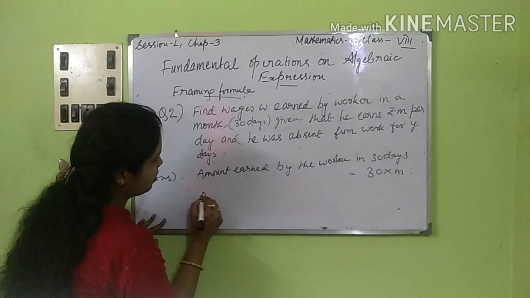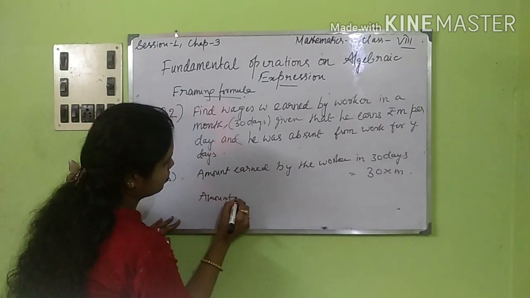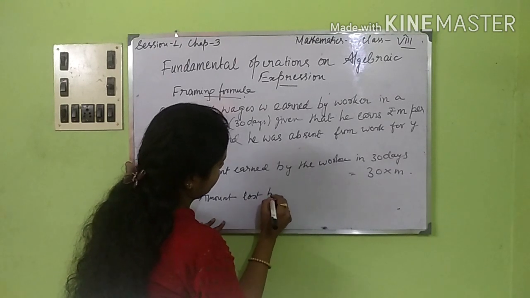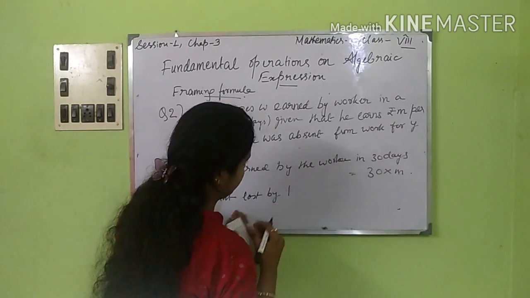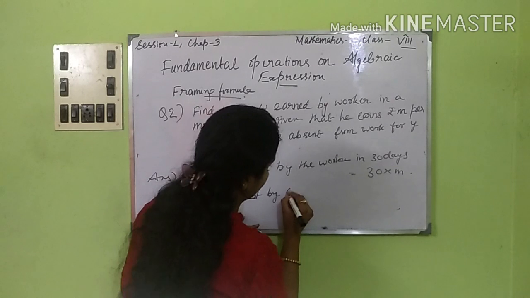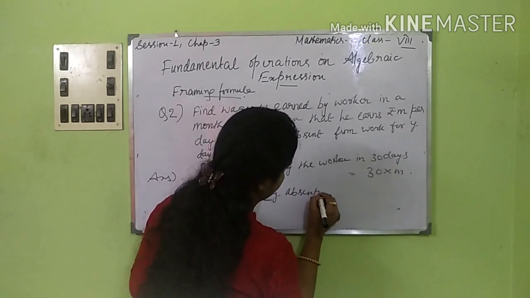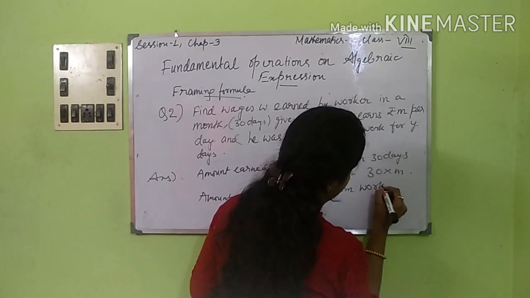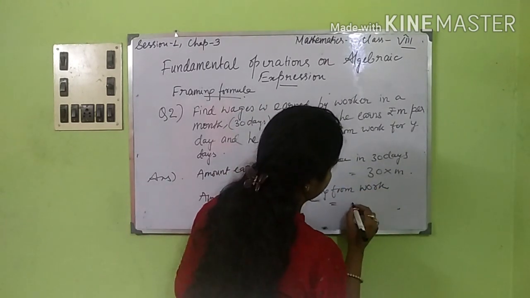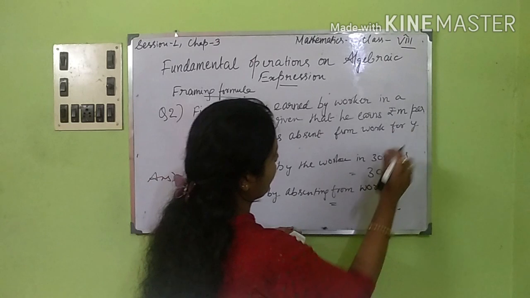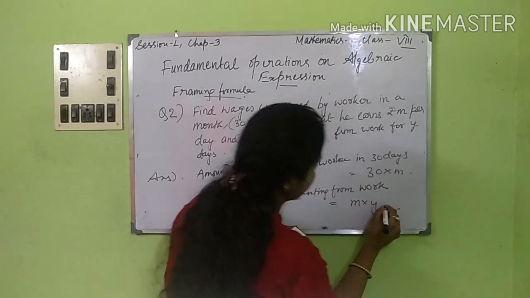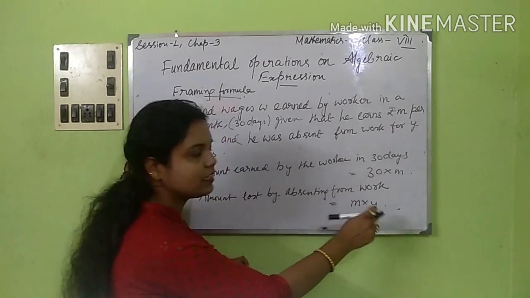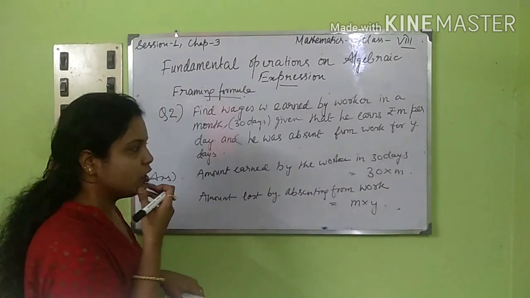And next, amount lost by absenting from work is equal to, how many days was he absent? Y. That means M into Y, because M is the wage that he would have been getting in these number of days.